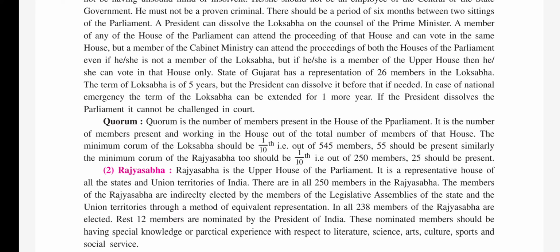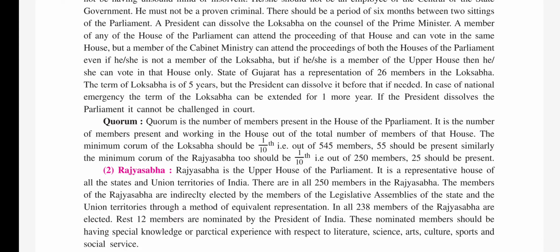The Constitution of India stipulates that at least 10% of the total number of members of the House must be present to constitute a meeting of either House of Parliament.